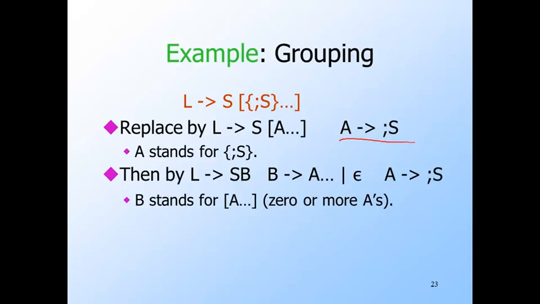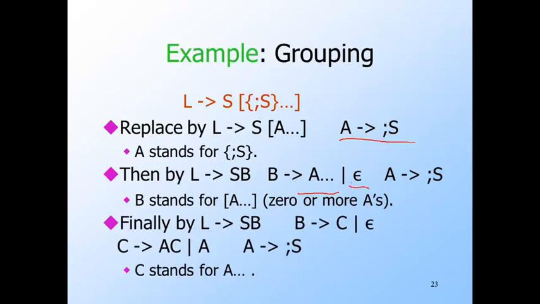It is replaced either by the A dot dot dot, that would be this choice, or it is replaced by the empty string. Finally, we replace the A dot dot dot in the B productions by the new variable C. The productions for C, which are here, allow C to be replaced by any sequence of one or more A's.